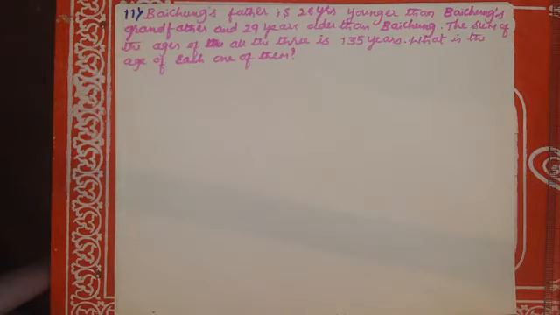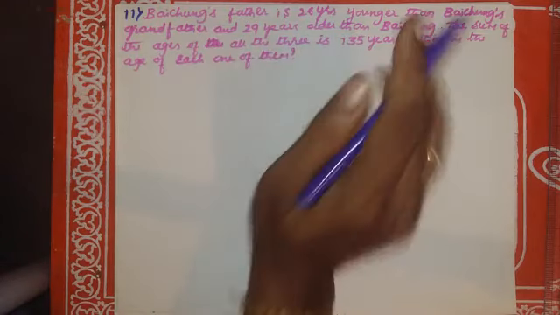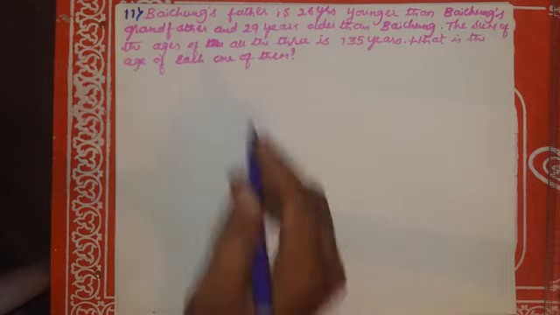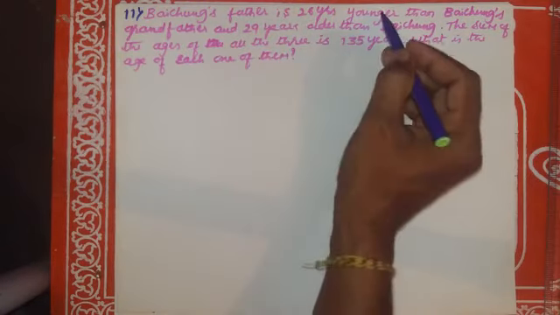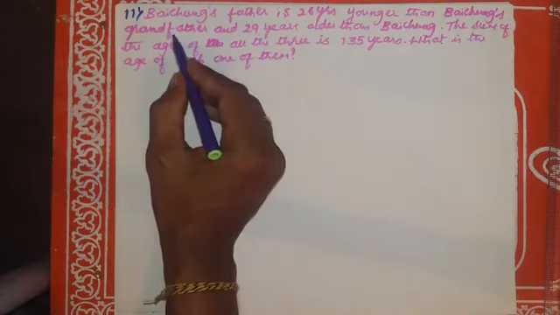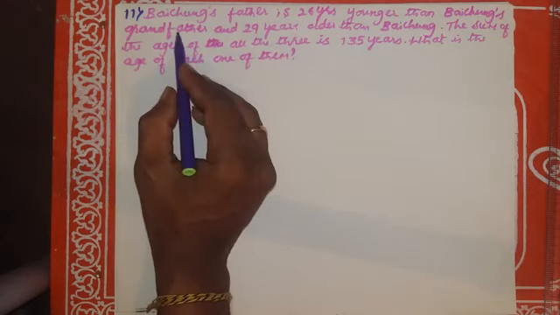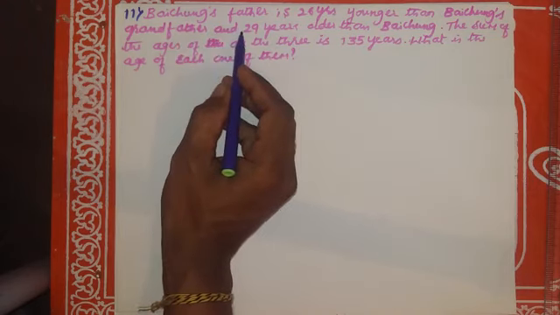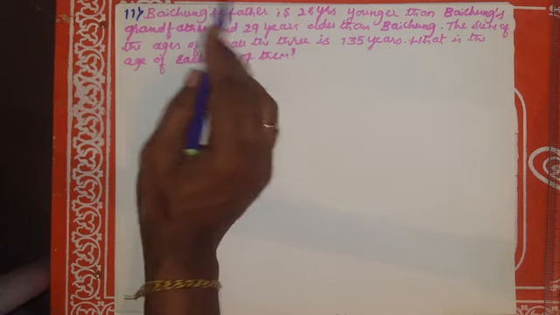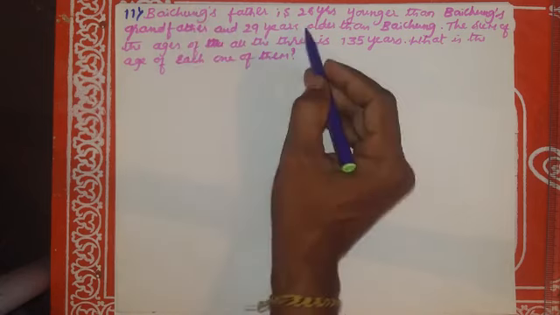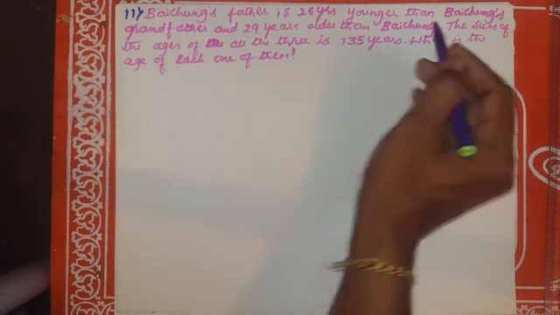This is very easy. Baichung's father is 26 years younger than Baichung's grandfather. Therefore, the grandfather is older than Baichung's father, and the father is 29 years older than Baichung. But we don't know the age of Baichung, right?